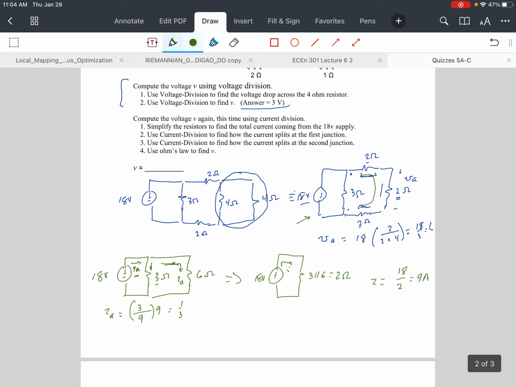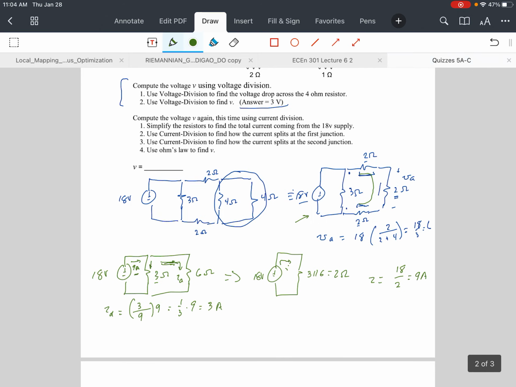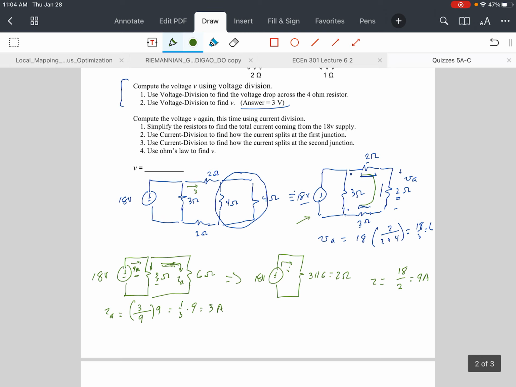So it's 1/3 times 9, or 3 amps. So we know that IA is 3 amps. Backing up, that's 3 amps in this circuit, and then 3 amps is going to get split between these two.